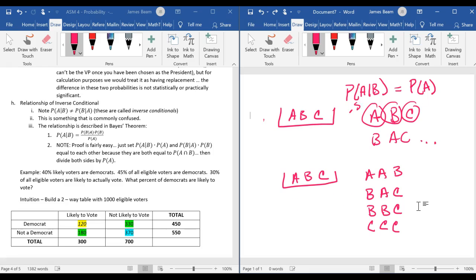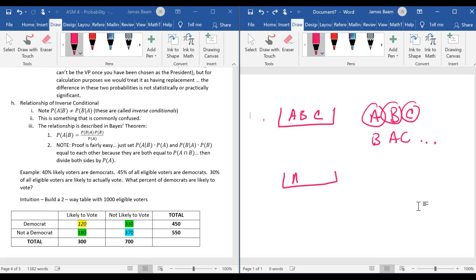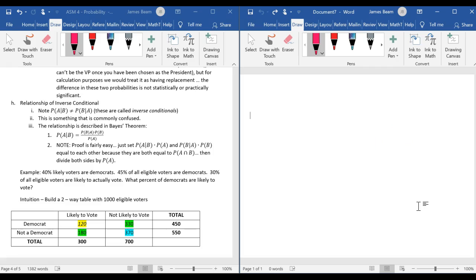So let's talk about inverse conditionals. This is what trips a lot of people up. Let's say I have the probability of A given B, and the probability of B given A. These are not equal.